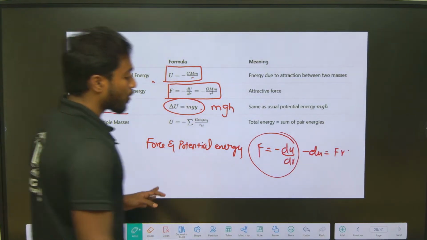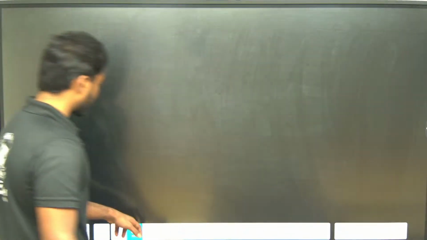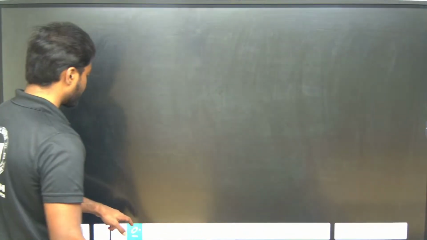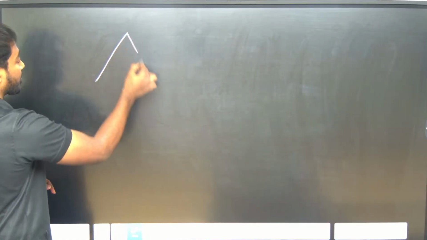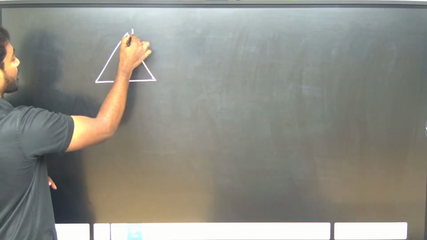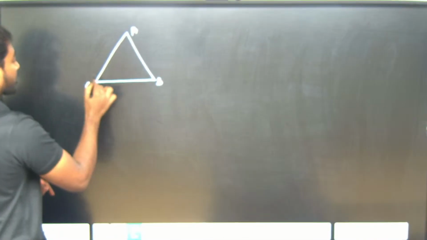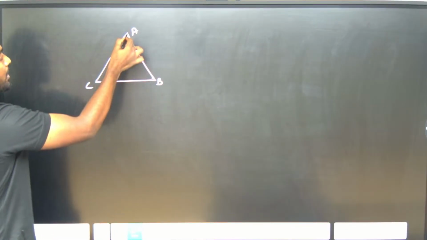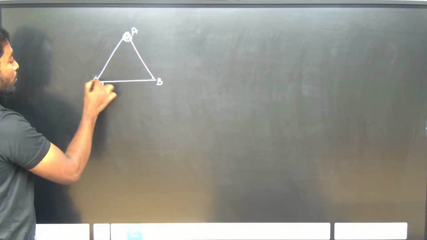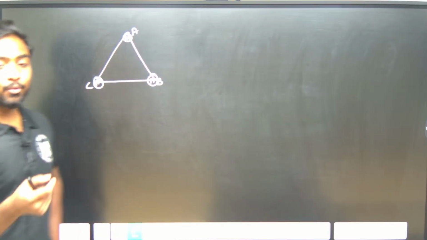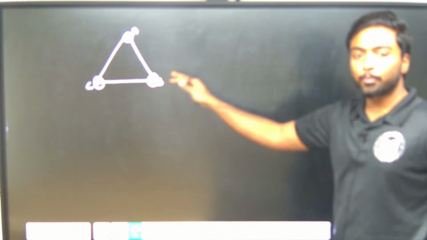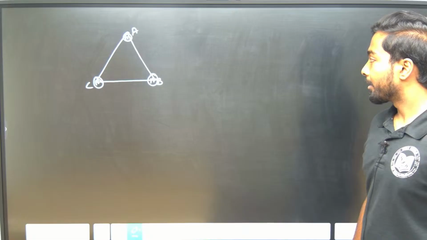Now if I talk about an object, a triangle, let me take vertices A, B, C having equal masses at the vertices. I need to find the potential energy acting here.